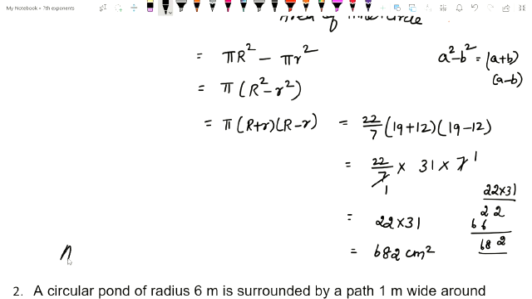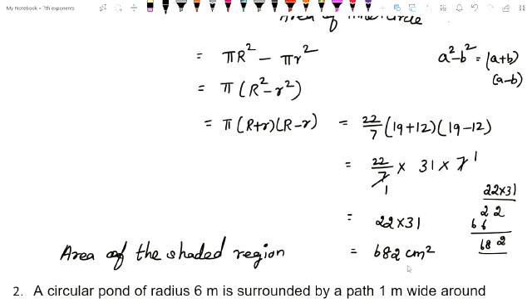So the area of the shaded region equals 682 centimeters square. Is it clear, children?